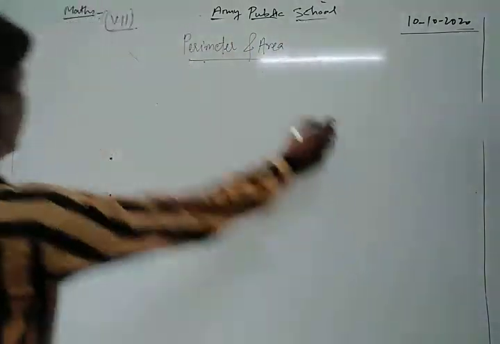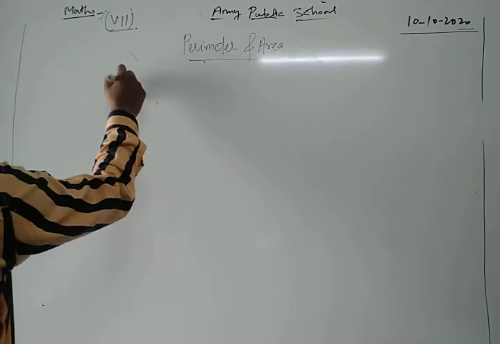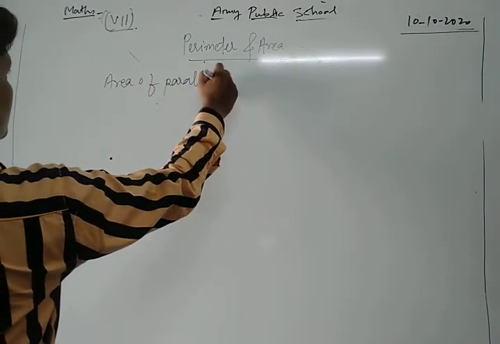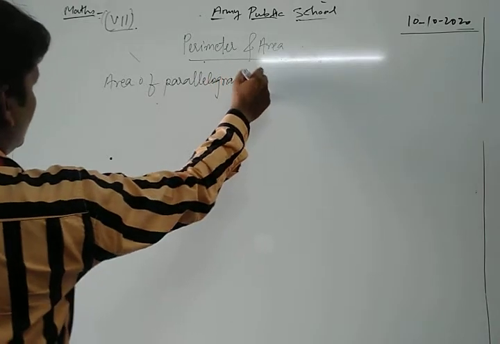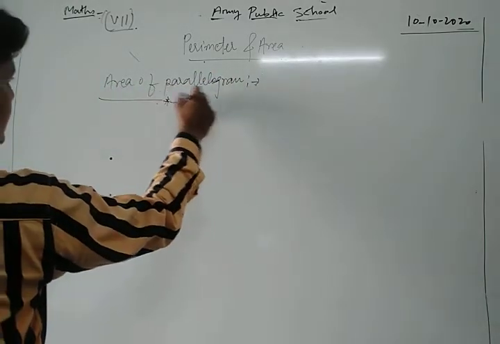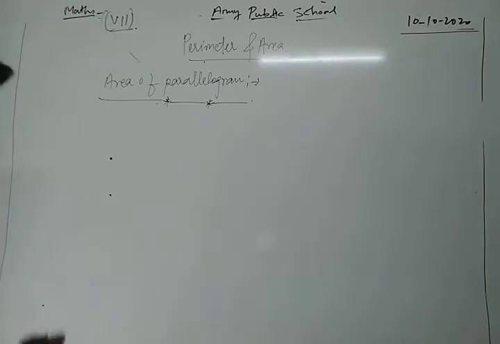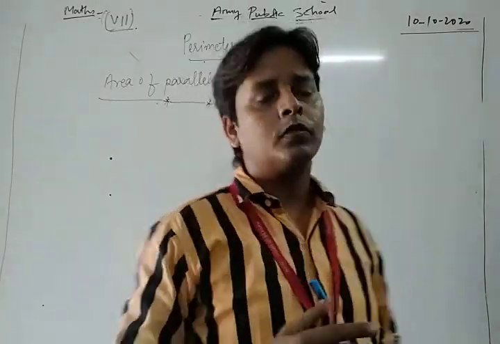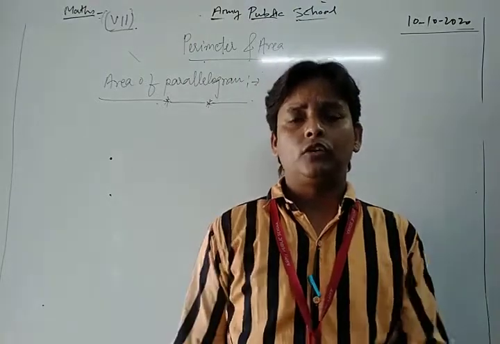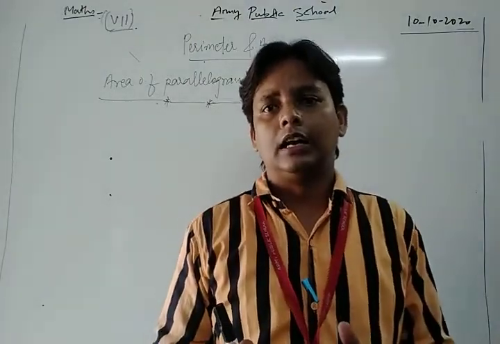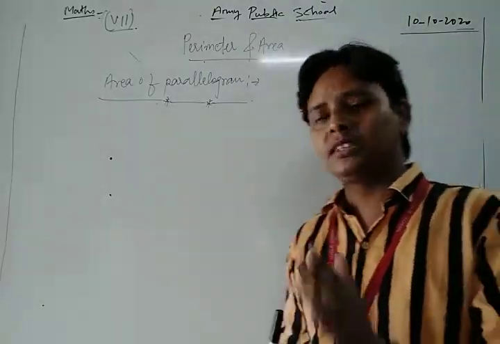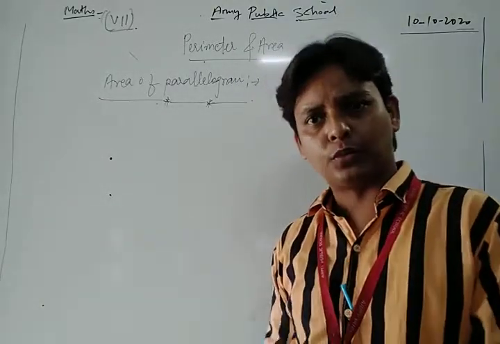Dear students, what is the concept of the area of a parallelogram? You know that a quadrilateral ABCD is said to be a parallelogram if its opposite sides are parallel and equal.